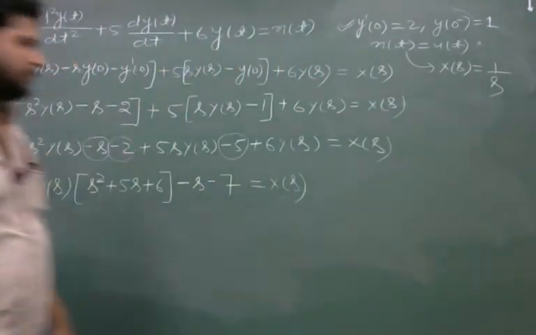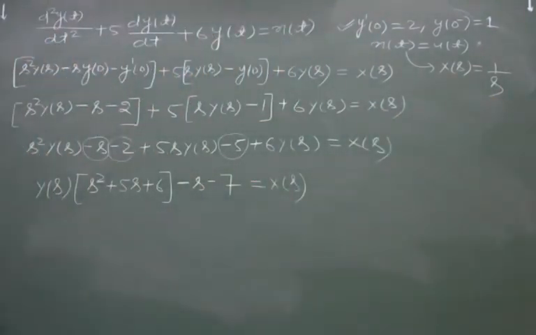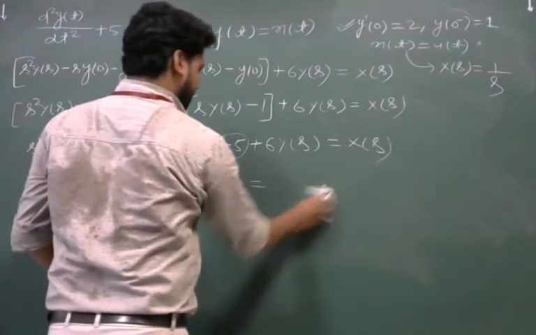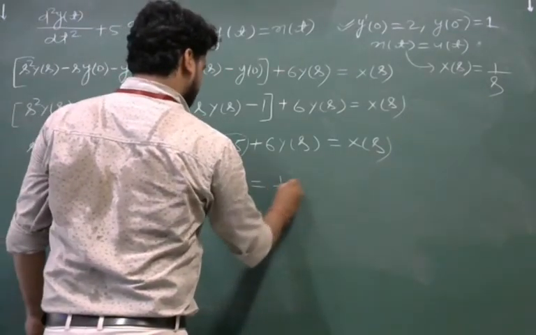So instead of putting x of s in this relation, we can put x of s is equal to 1 upon s.